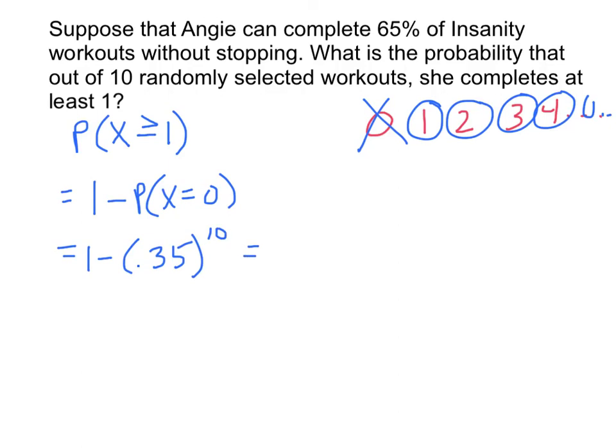And then I take the complement, 1 minus that. The probability that x equals 0 is really, really small, so when I take 1 minus something small, I'm going to get something pretty big. It's a pretty good chance that I'm going to complete at least one workout, right? And it makes sense. I would not be happy with myself if I didn't. So hope that makes better sense for the binomial.